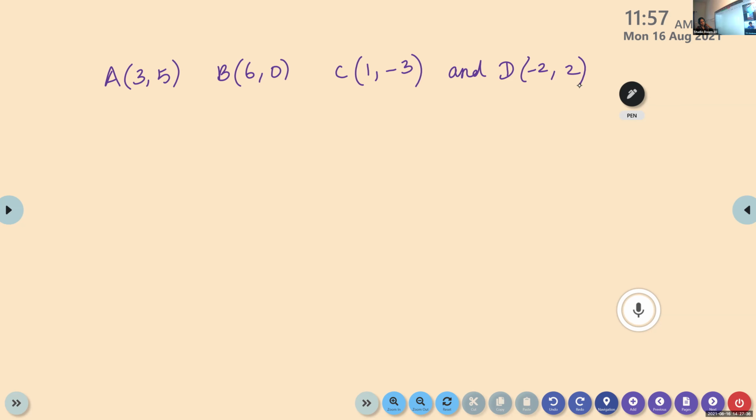You have to prove that the vertices A (3, 5), B (6, 0), C (1, -3), D (-2, 2) form the vertices of a square.